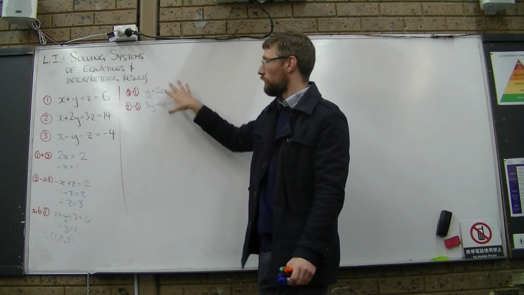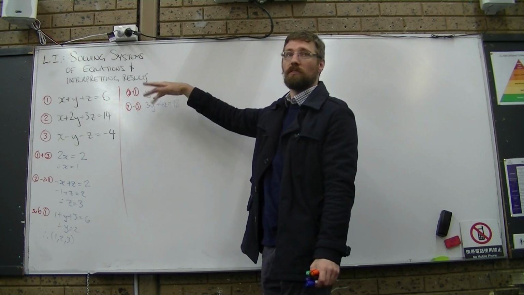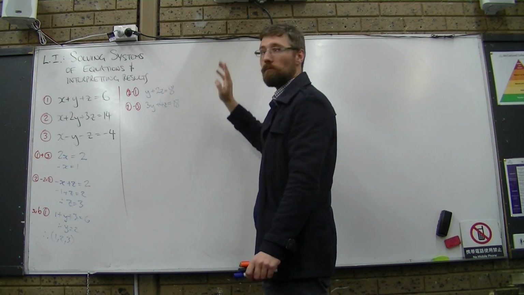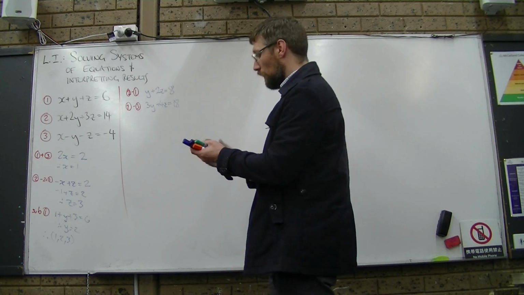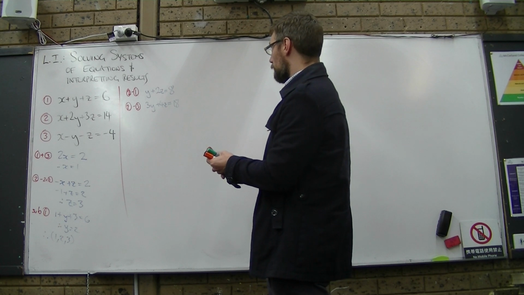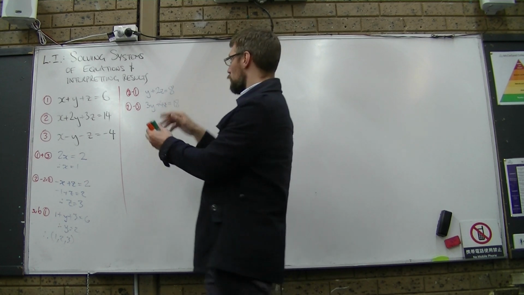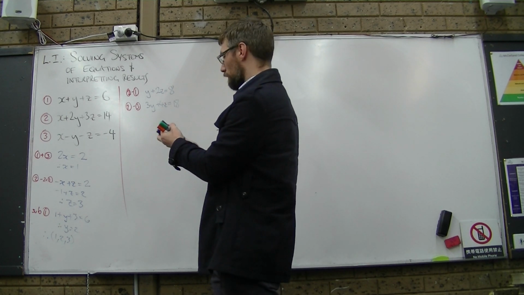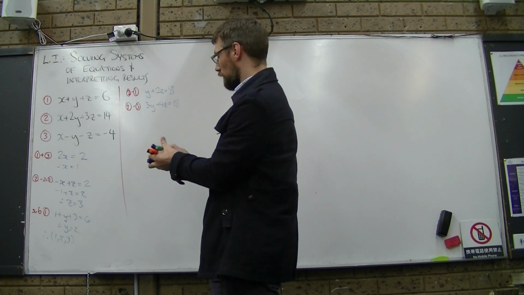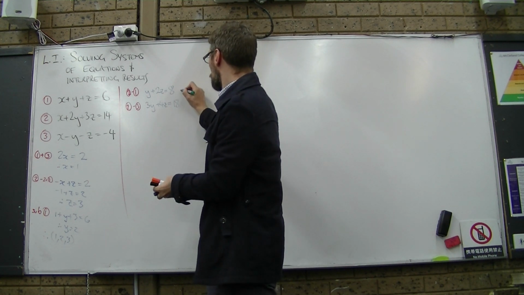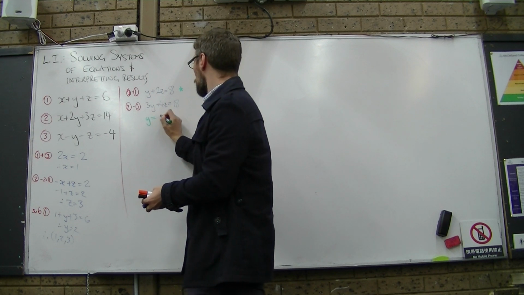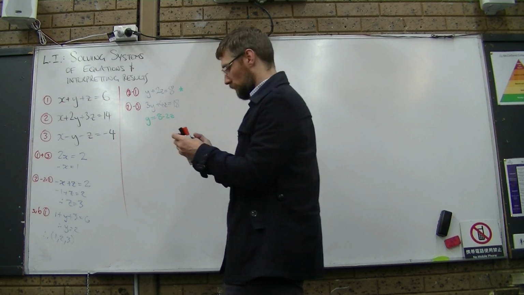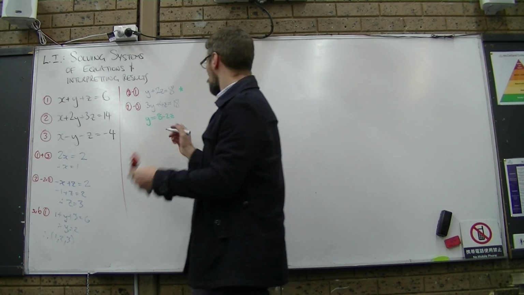But point being, this is back in the old school, like just simultaneous equations, more year 10 sort of stuff. Cool. At this point anyway, it should be automatic sort of stuff, right? So saying this guy is the same as saying y equals 8 minus 2z. Stuff that in.